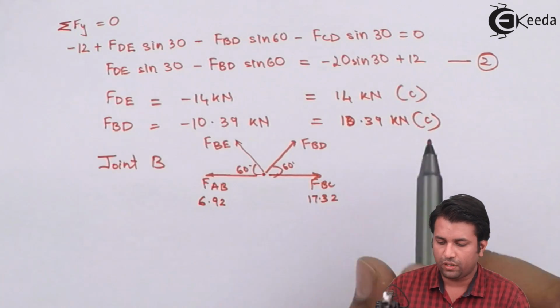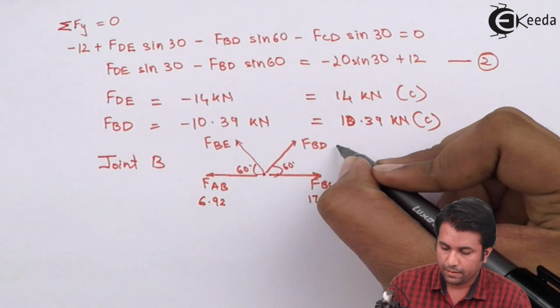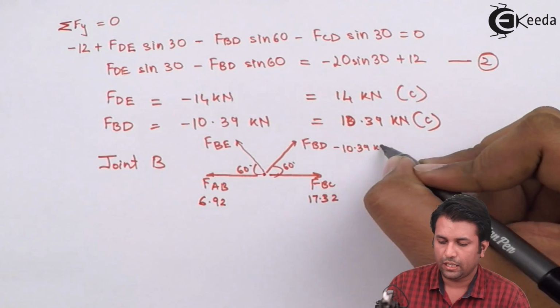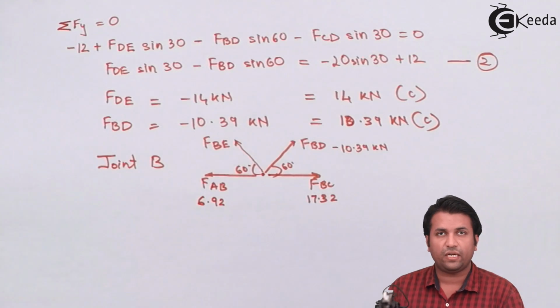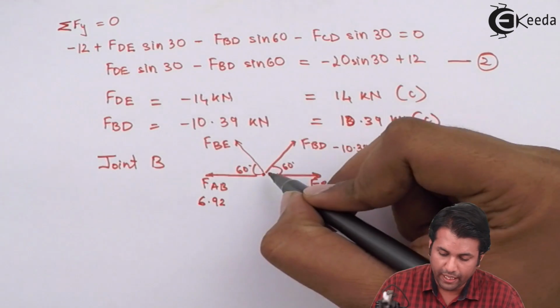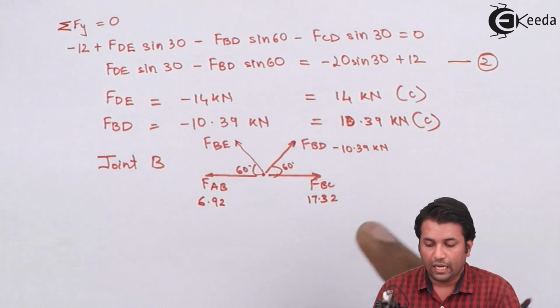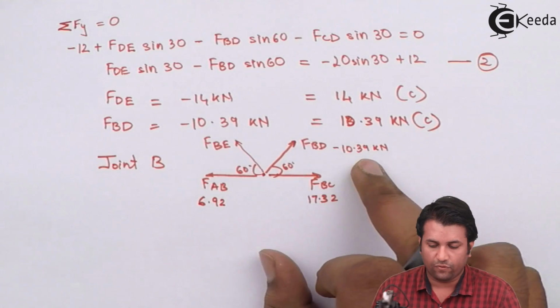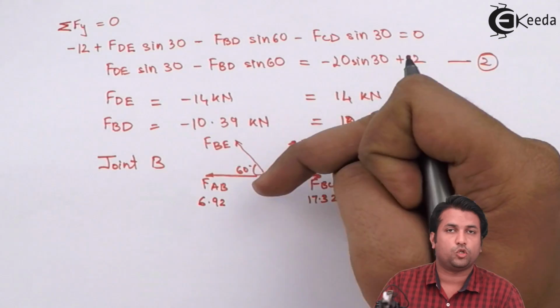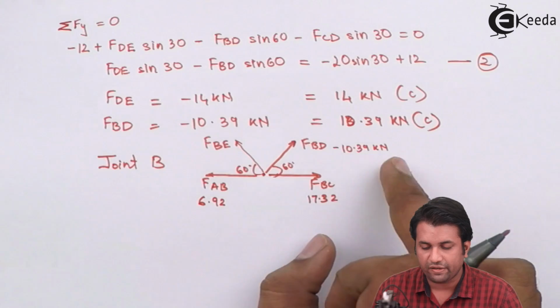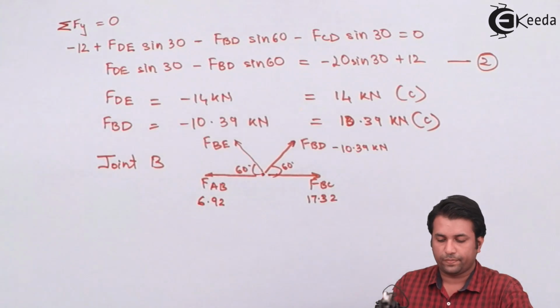And BD, I have got it as minus 10.39 kilonewtons. The reason for taking minus is I'm assuming the force as an outward force, but I know that this is a compressive force. It is acting towards the joint. So since I'm assuming it is acting outwards, I'm taking the value as a negative value.